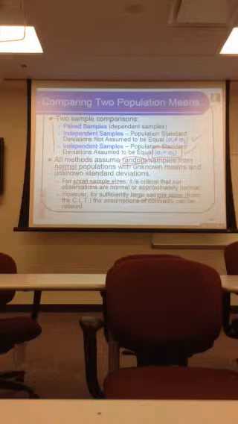So the rule of thumb is 30, right? But that's just a guideline, right? The more skewed your distribution is, the larger the sample size is needed, right? So therefore, if you have a large sample size and the distribution is not extremely skewed and there are no extreme outliers, then you should be fine.